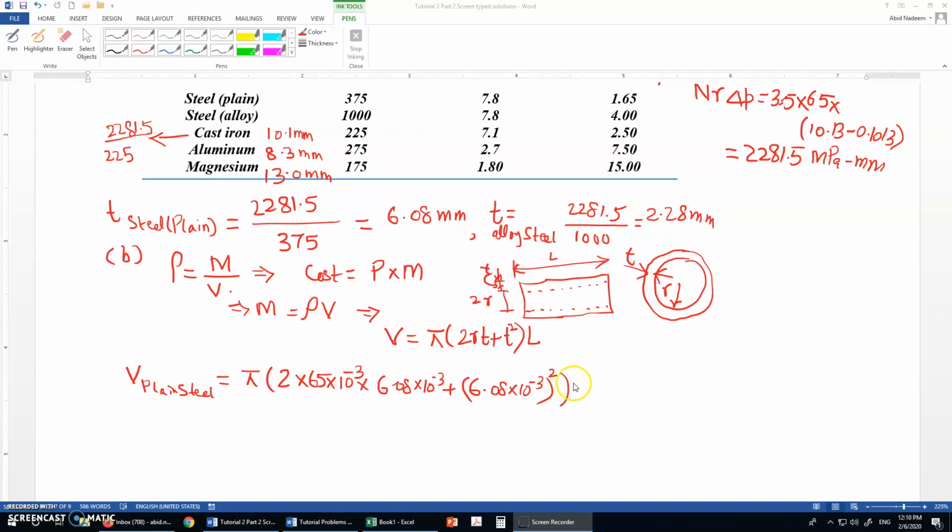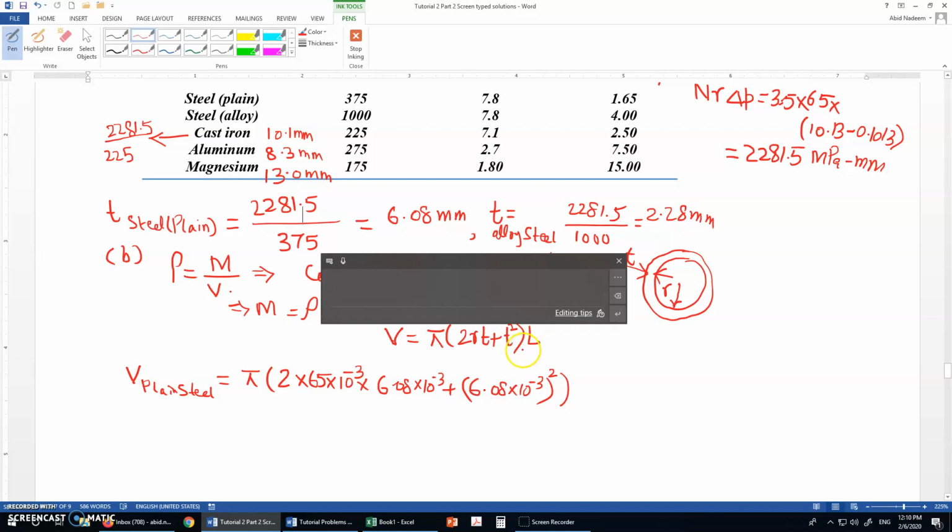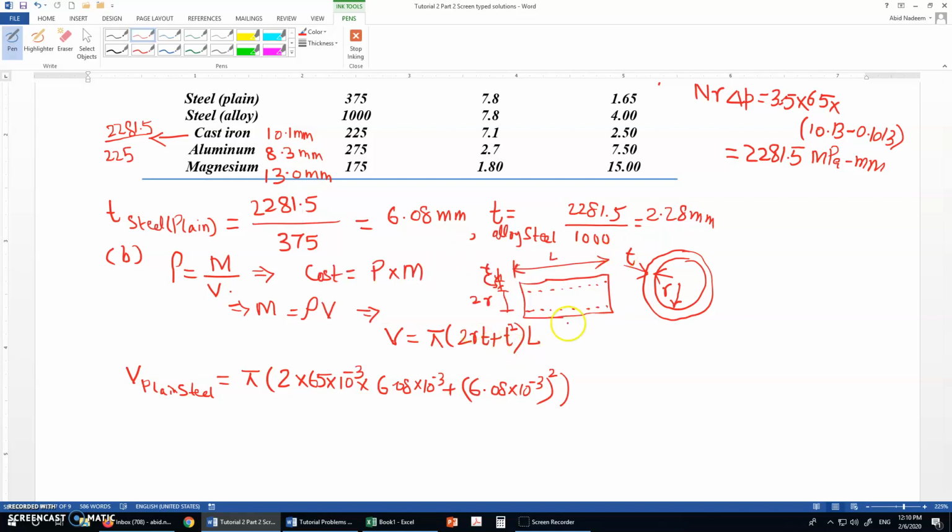So it will be equal to, but for this I think I need to specify the length. Since the length is not specified, you can take it as equal to 1 meter.